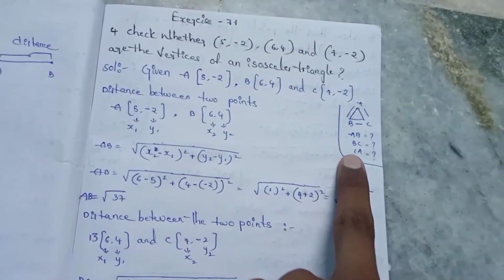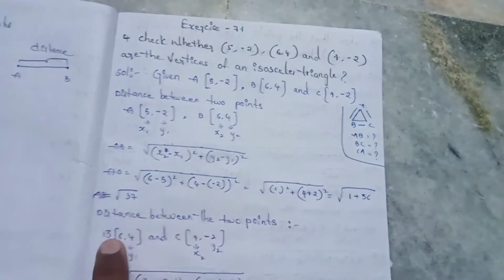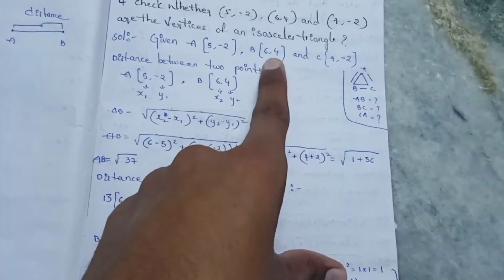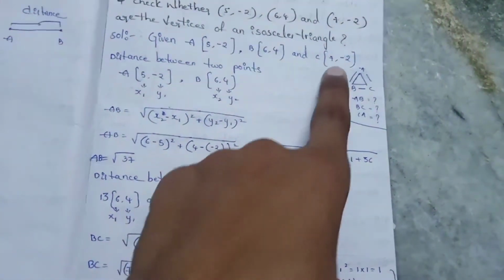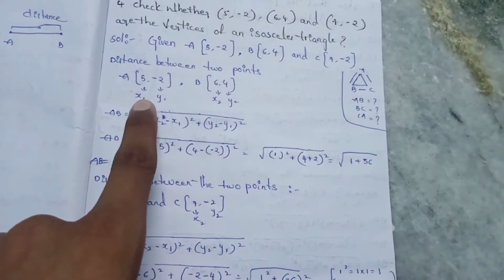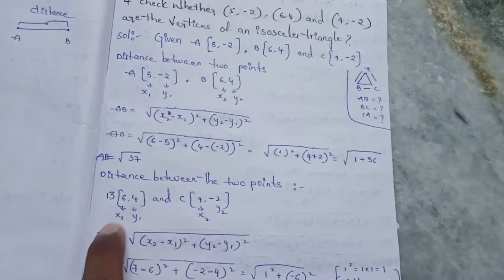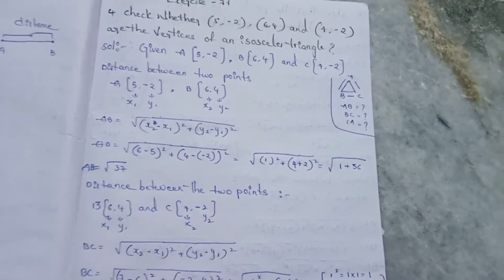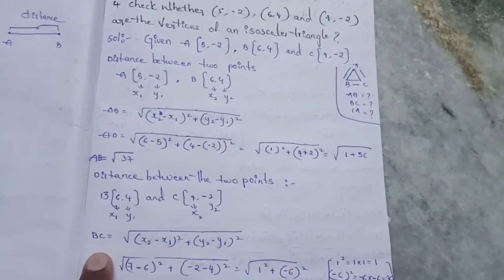Next, BC we have to find the distance between the 2 points. B is (6, 4) and C is (7, -2). Here again we have x1, y1, x2 and y2. Now, what is the formula?